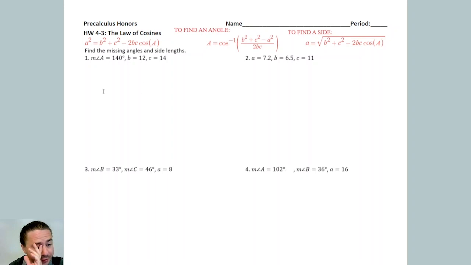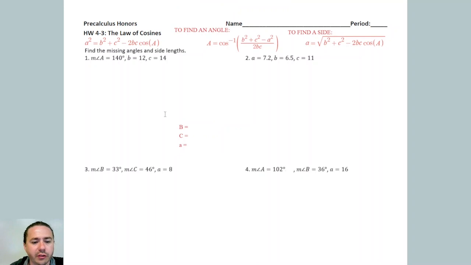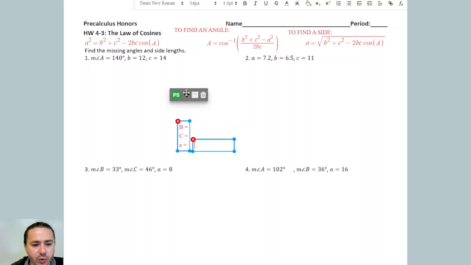So we've got an angle A is 140. We know side B and side C. So the things that we're looking for, and I'll make a little answer key down here somewhere, is we're looking for the measure of angle B, we're looking for the measure of angle C, and we're looking for side A. Okay, so the first thing we want to do here is hopefully set up a law of sines scenario.